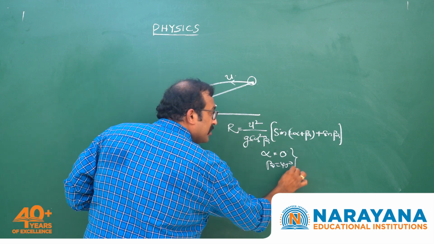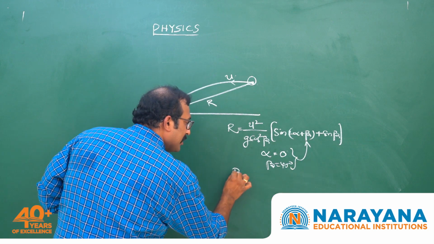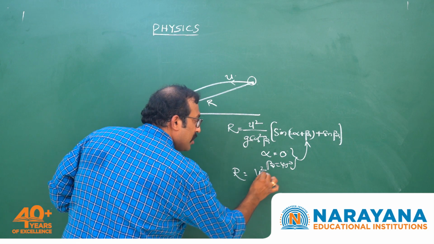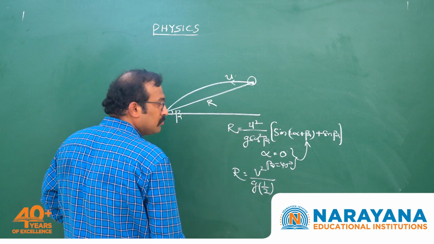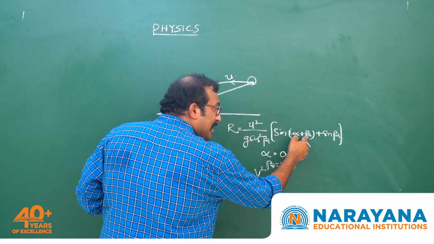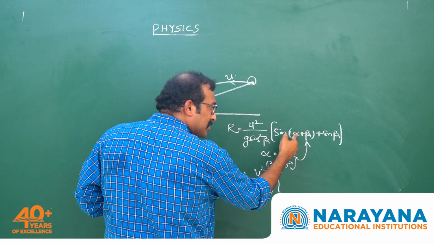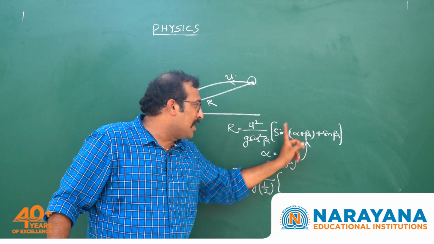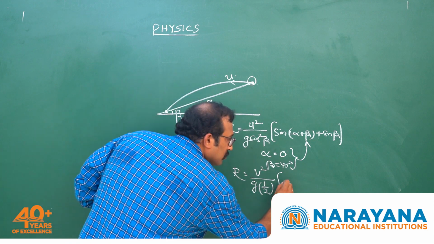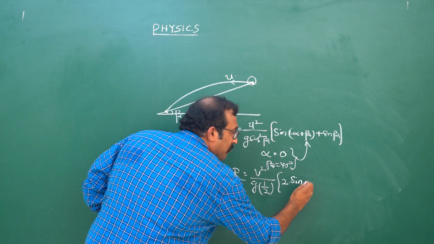Therefore, substituting these two in this equation, we can write range is equal to v square by g into 1 by 2 into sine beta plus sine beta, because alpha is 0. So 2 sine beta, 2 into sine 45.